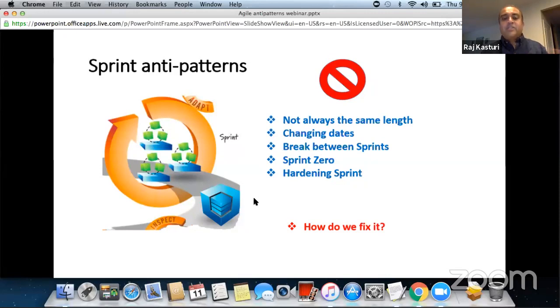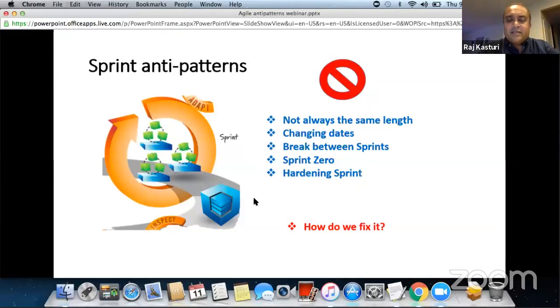Don't keep changing it frequently. Normally I haven't really seen any teams change the length of the sprint, and they keep it consistent because it puts you in a rhythm. So don't change the length of the sprint arbitrarily.